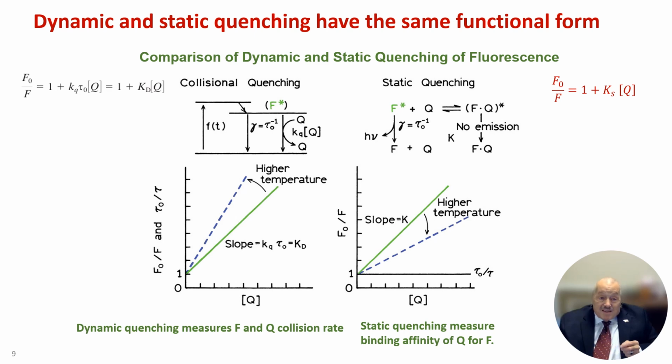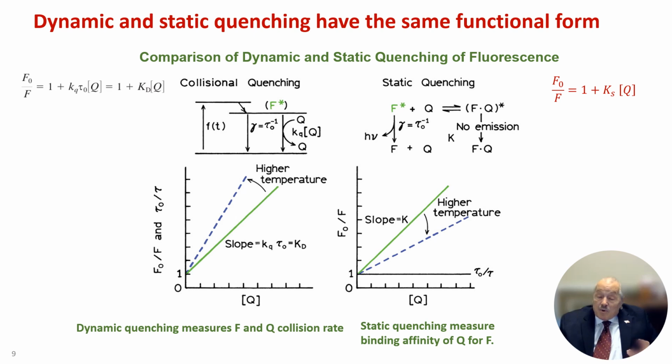So I wanted to emphasize that dynamic and static quenching have the same functional form. What might you expect in these cases if you didn't have some additional information? Well, since dynamic quenching depends on diffusion, you expect there to be more dynamic quenching at higher temperature.